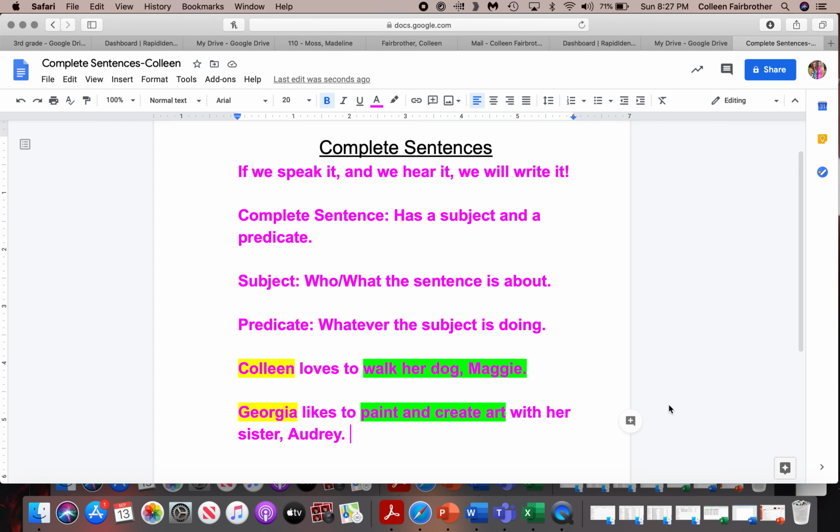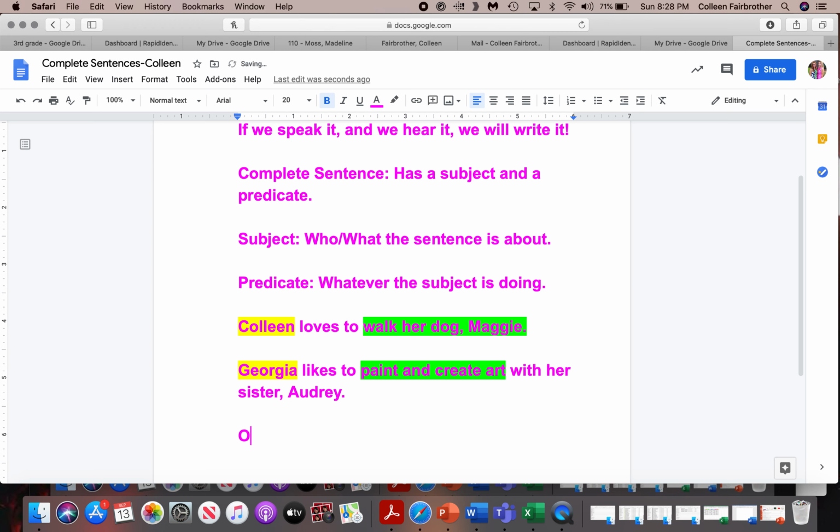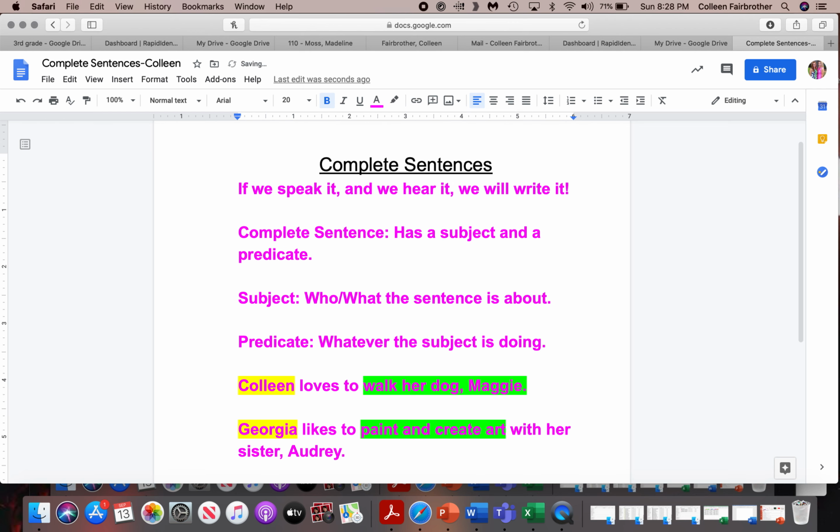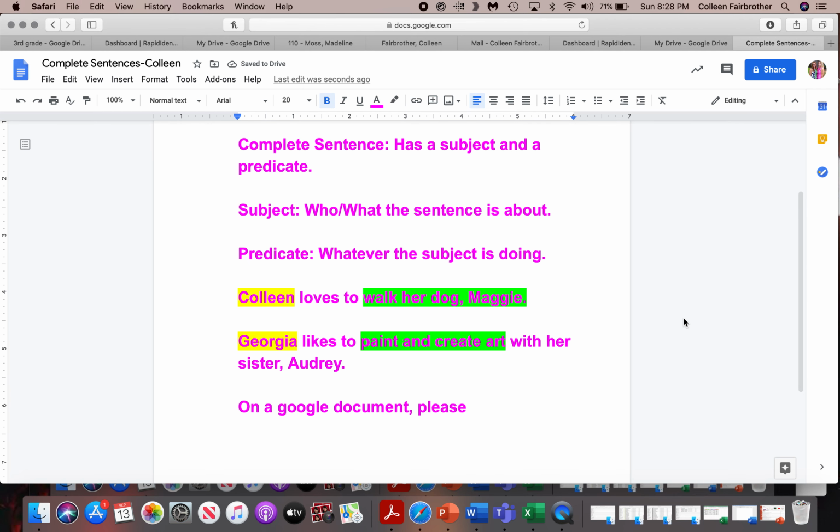Okay, so now what I want you to do is on a Google document, my bad, please write. Or, you know what? We could also, as third grade people, say please compose. That's a great synonym for write. Please compose 3 sentences with a subject and predicate.